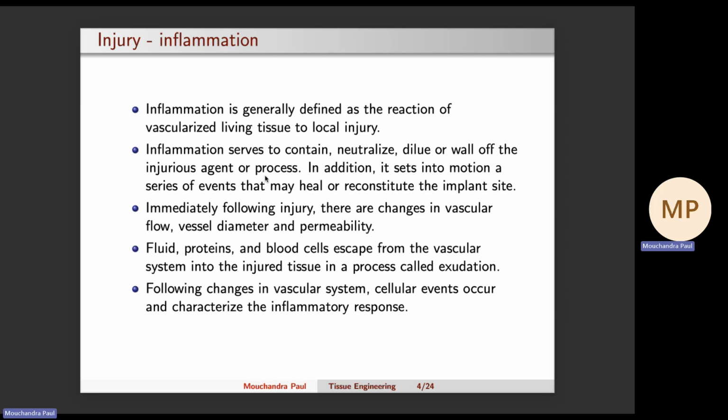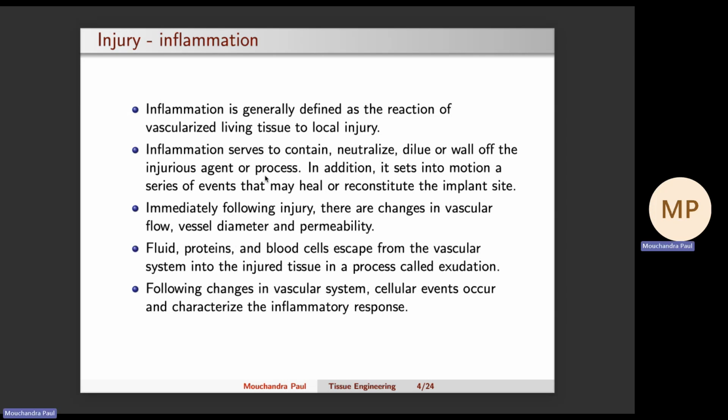Or say cancer: if our body detects that a cancer has started to form, although in many cases cancer goes undetected, in some cases the body does try to detect it, because it starts secreting some proteins which are foreign to the body and antigenic, so it can detect. In those cases, our body will try to contain it to that particular area.